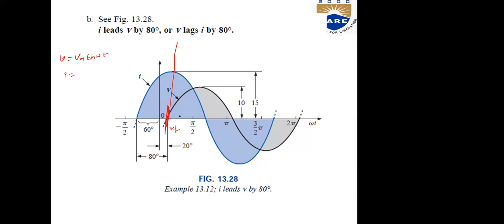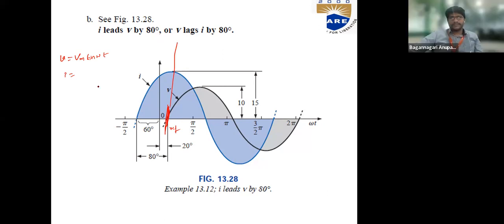Leading. Yes, this is the voltage curve, and the current is already ahead of it, so the current is leading the voltage. Am I clear? By what angle? Current was leading the reference by 60, and voltage was lagging the reference by 20.